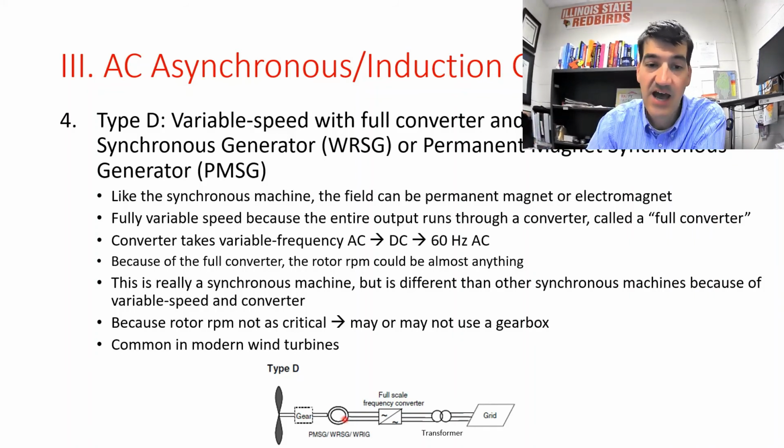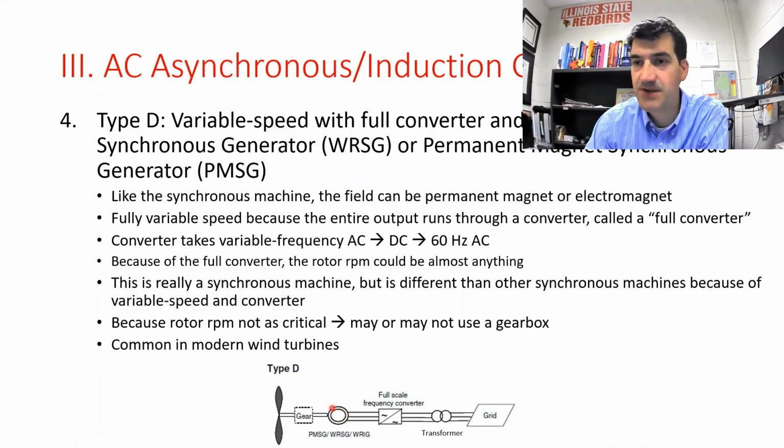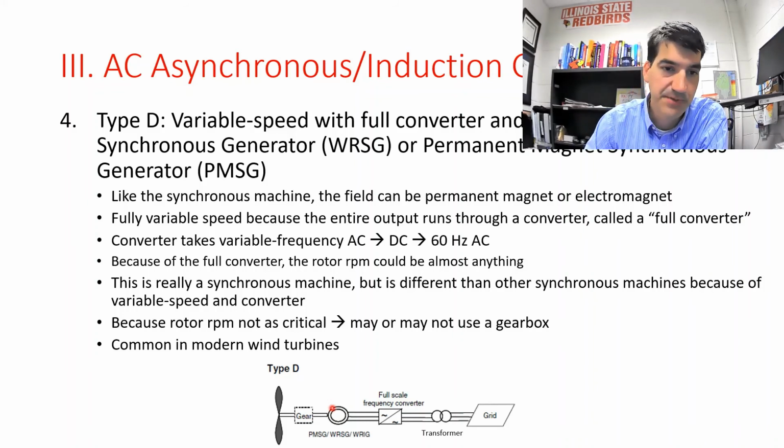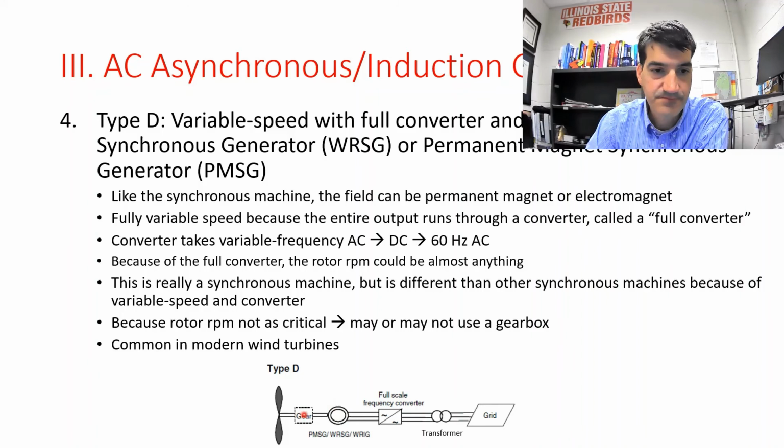If it does not use a gearbox, then typically you'll use more poles on the magnetic field on the rotor, and thus it'll be a larger generator, which usually means a little more expensive as well. But you really don't have to use a gearbox for this design.